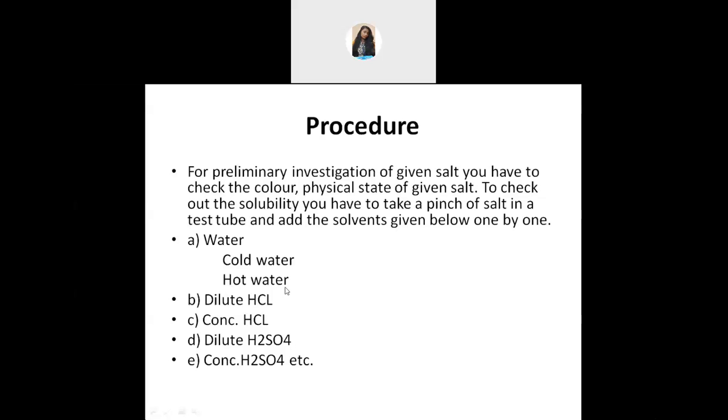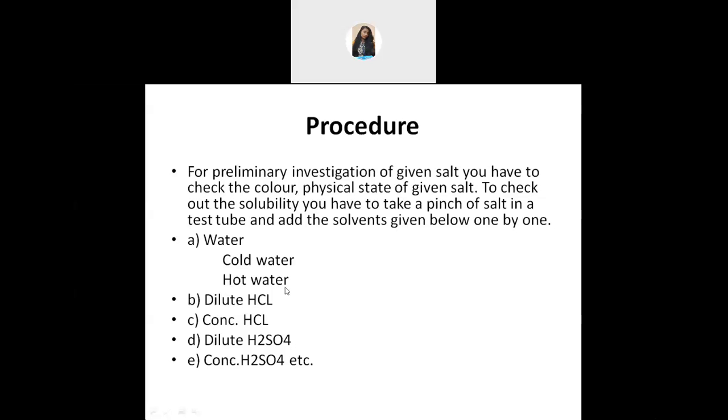If the salt is not dissolving in concentrated HCl also, then you can take another test tube, add the salt, then add dilute H2SO4. Okay, if the salt is not dissolving in dilute H2SO4 also, then you go through concentrated H2SO4.